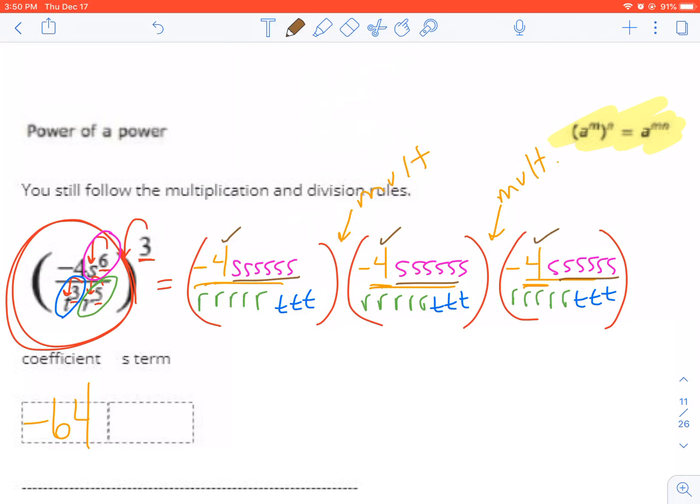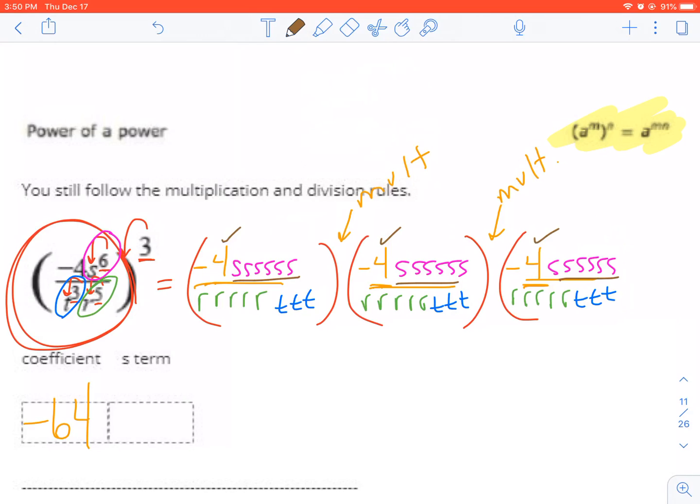All right, now when we are multiplying and we have the same bases, which is our S, we can add those exponents, which would be 6 of them here, 6 of them here, and 6 of them here. So we can add 6 plus 6 plus 6 and get our answer. We can also just count them across if you want to, if you don't like that rule.